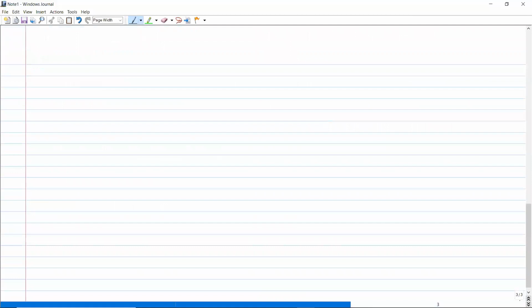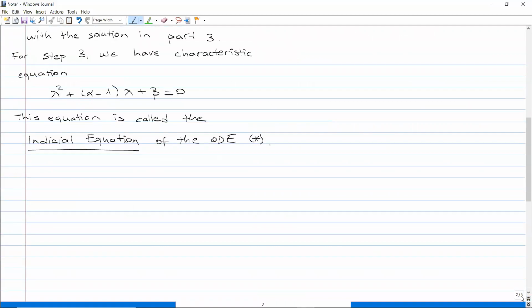Remember, our aim is to solve the ordinary differential equation star.